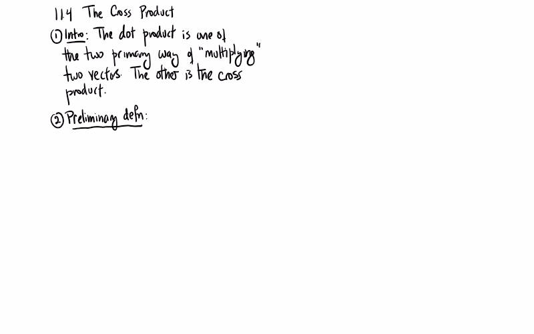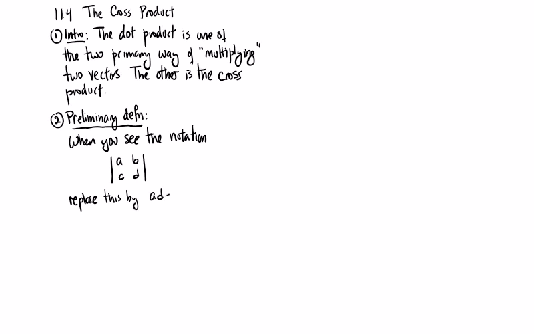The key thing to remember is that when you see this notation, you want to do a calculation. It looks like an absolute value with 4 numbers in it, like this. You want to replace this by AD minus BC.